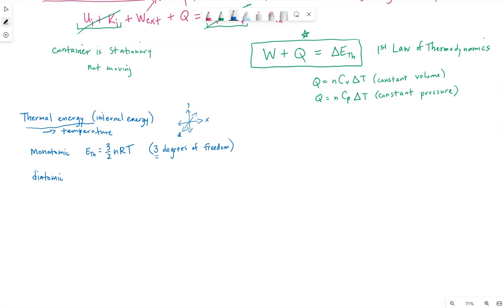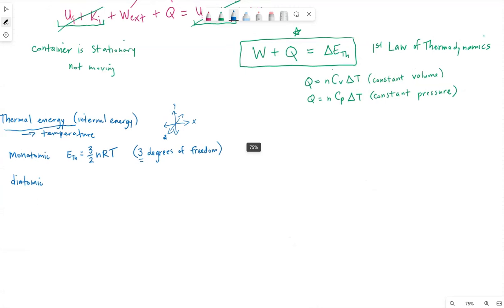This is where the 3 comes from, the allowed or possible directions of motion. Now, granted, the motion doesn't have to be along the axes. It could be at some angle, but that still boils down to x or y or z or a combination of motion. So we have 3 degrees of freedom.